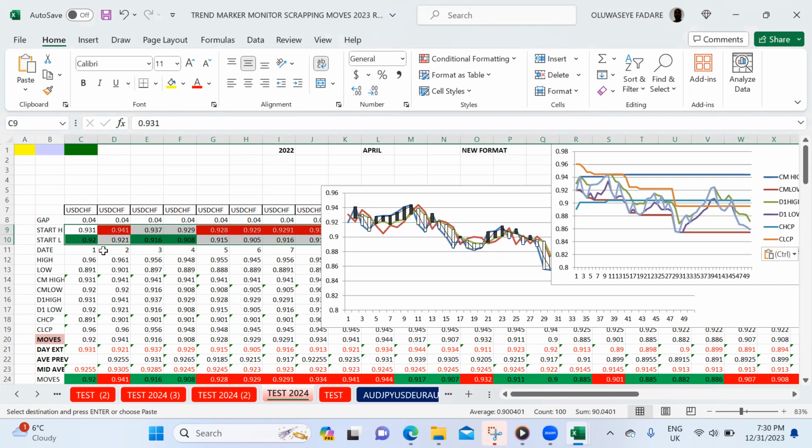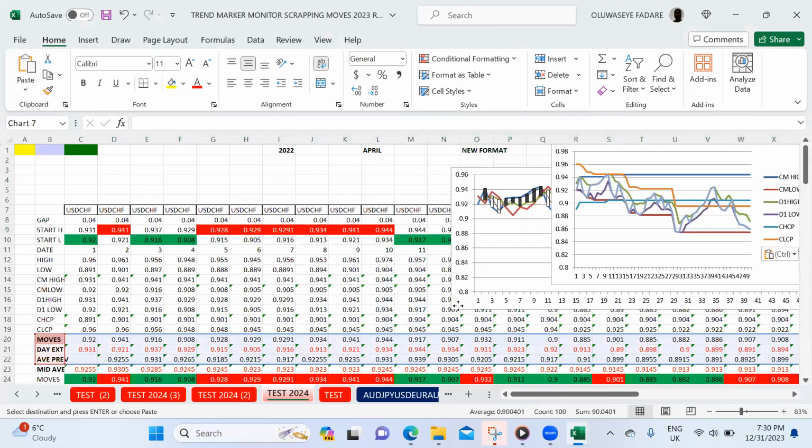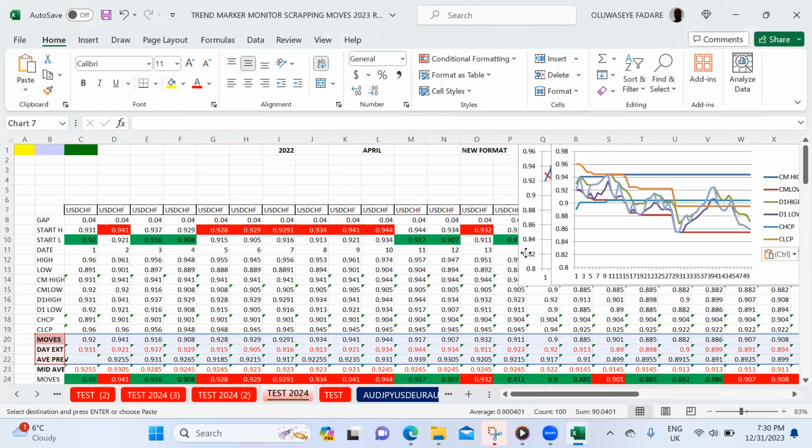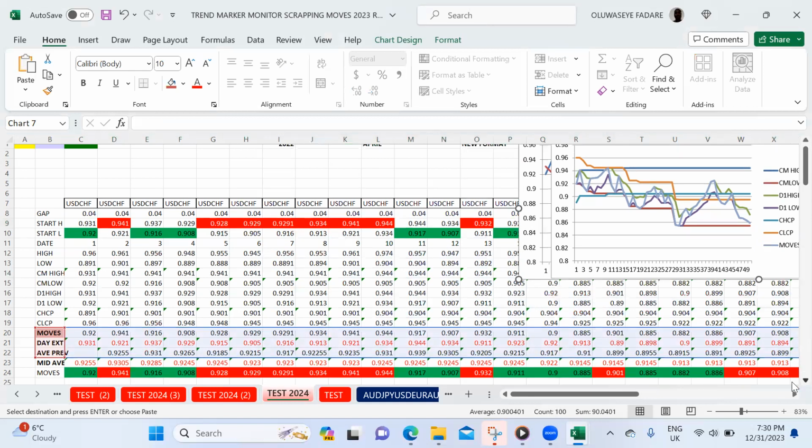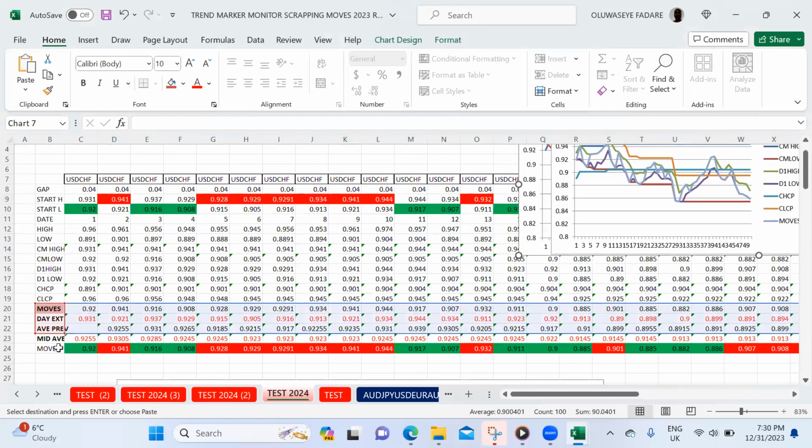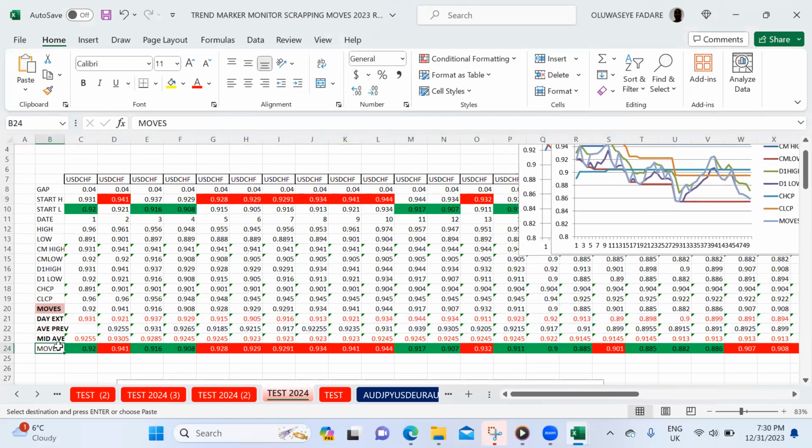After pasting it, what next do I need to do? The next thing is to come to the move. This is what I call the move. How do I get these moves? These moves comprise all the colored prices on these high and low positions.